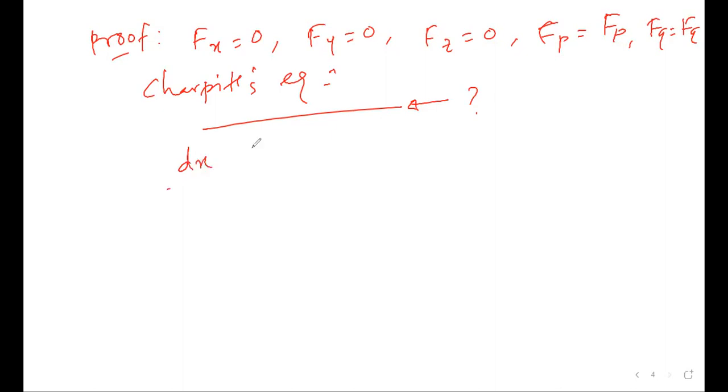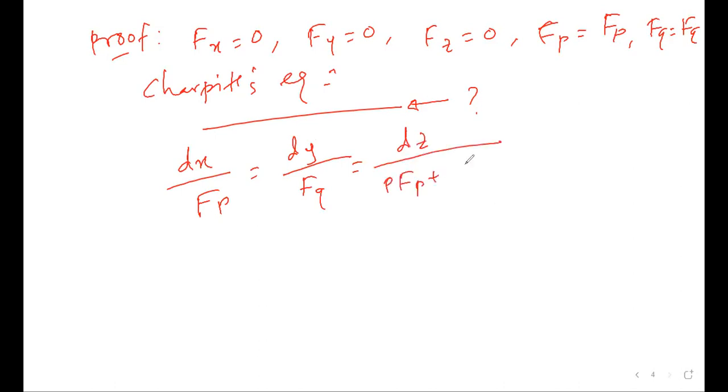dx over fp, no? fp is equal to dy over fq, which is equal to dz over (p fp plus q fq), again minus dp over 0, minus dq over 0.